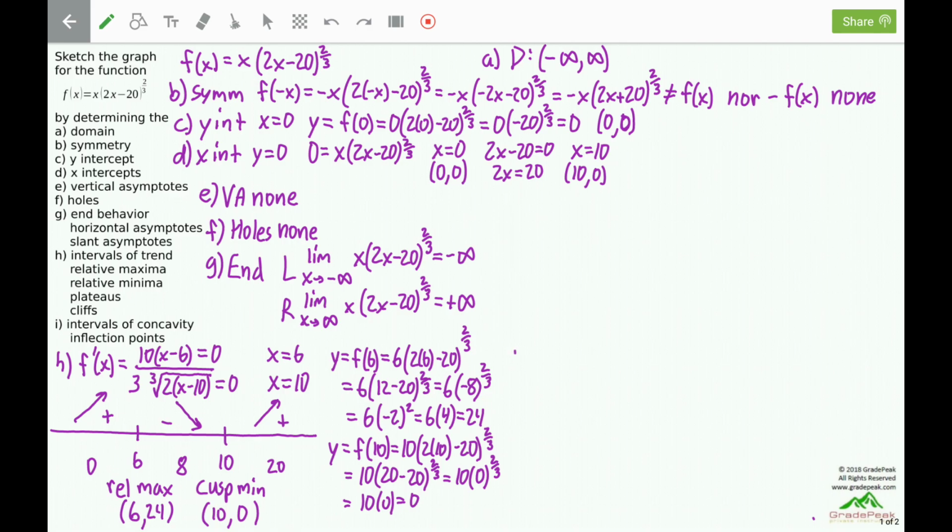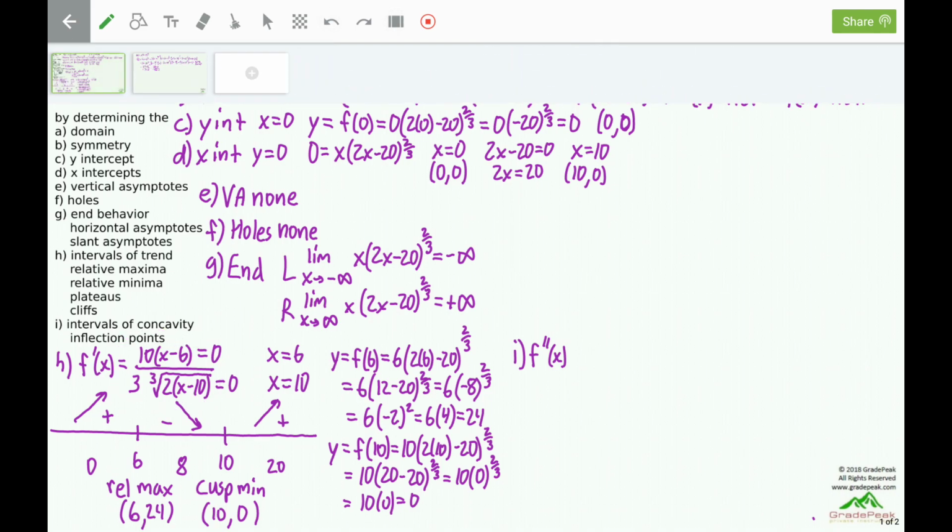For part I, we want to determine the intervals of concavity and any inflection points. All of this involves the second derivative. We will take the second derivative from the first derivative. We do not want to use the fully factored, simplified version of f prime of x. And we will need a little bit of room to work this out on the other page.